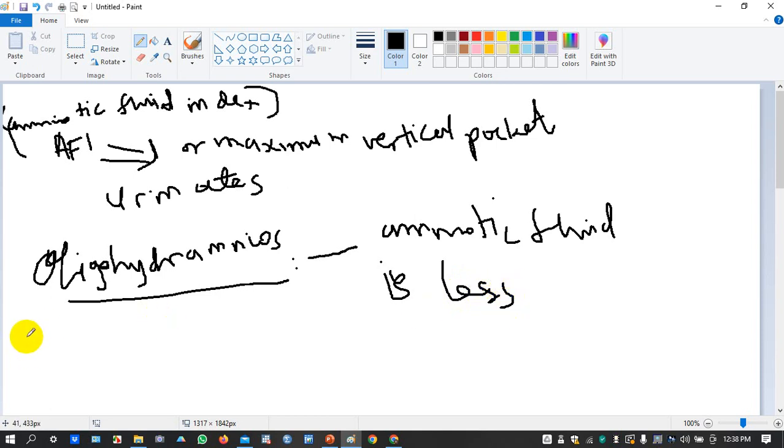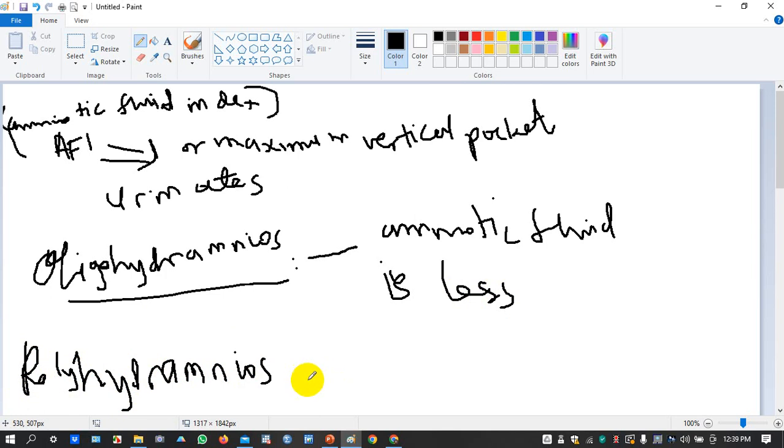If it is polyhydramnios, that one too is not good. Polyhydramnios, too much amniotic fluid, is called polyhydramnios.